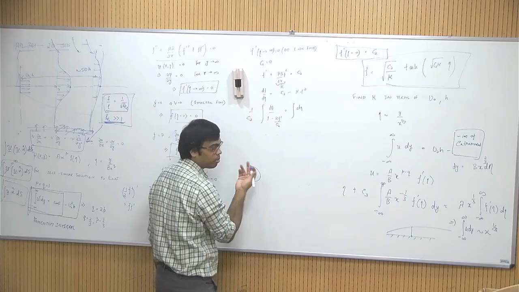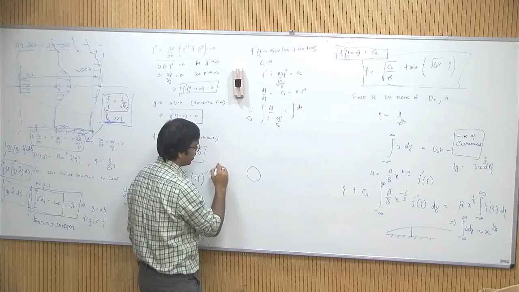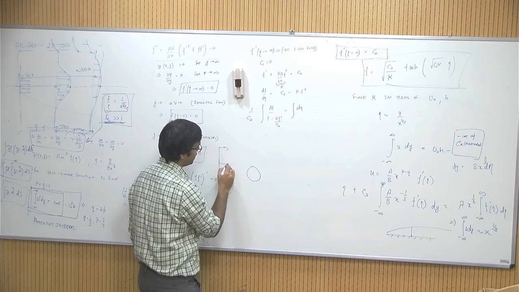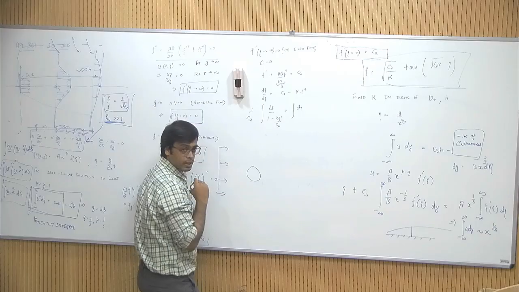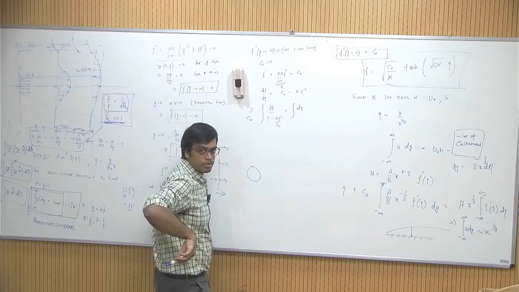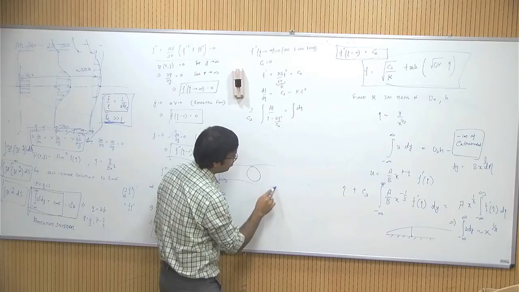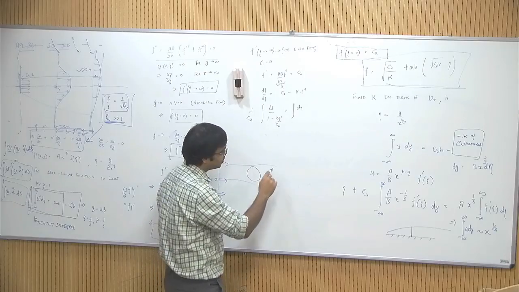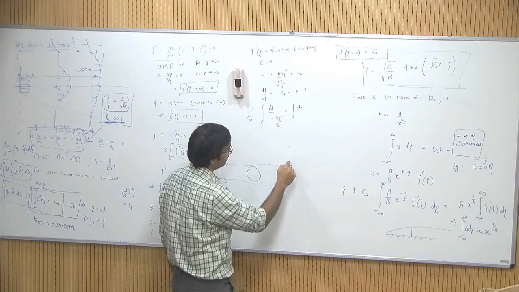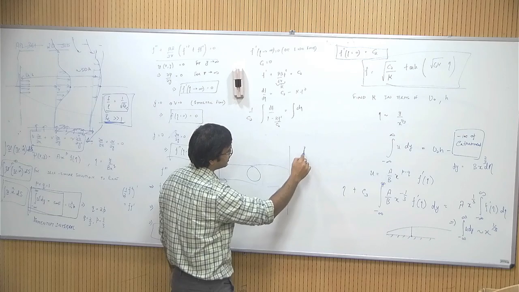Let us say you have a bluff body like a cylinder, and you have uniform flow hitting the cylinder. If you recall the boundary layer class and the flow visualization that we did, what we saw is that the flow separates from the cylinder, and the velocity profile in the wake will look something like this.